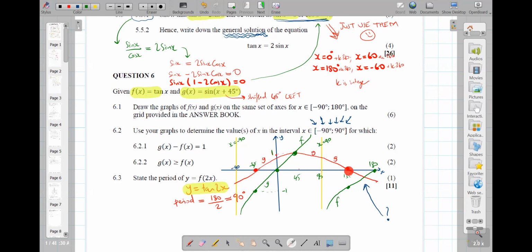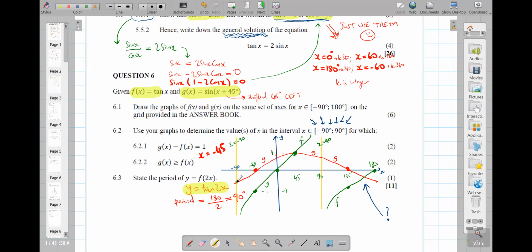There's another answer at 135, but you don't need to write it. The only answer in this interval is going to be, you will write x is equal to negative 45. That's it.